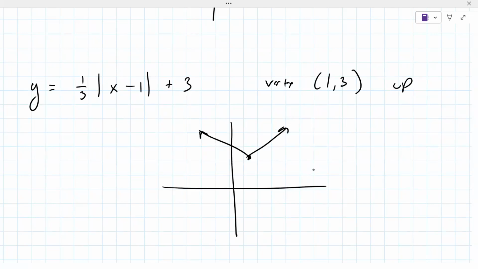What's the range? The range is y is less than 3. It opens up though. Oh, it's greater than or equal to 3. Yeah. Perfect.